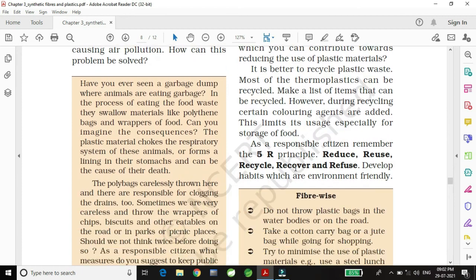As a responsible citizen, remember the 5 principles, that is reduce, reuse, recycle, recover and refuse. Develop habits which are environment friendly. So it is saying we have the 5R principle. The 5R principles are: first, reduce the use of plastic. If we are using plastic, then reuse it, recycle it, recover and refuse the use of plastics.